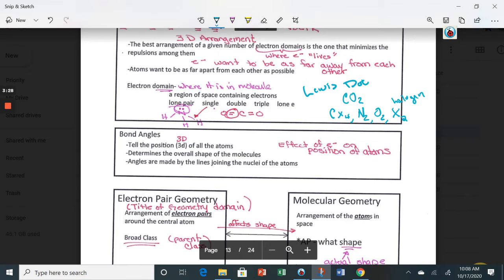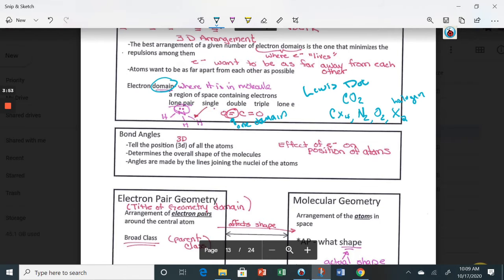So remember, a domain is a space where it can be found. A domain is anywhere where it's a shared area of space or a lone pair. Okay, now you have to be careful because people want to take things like this double bond and call it 2 domains, but that is one domain. It is one shared space.